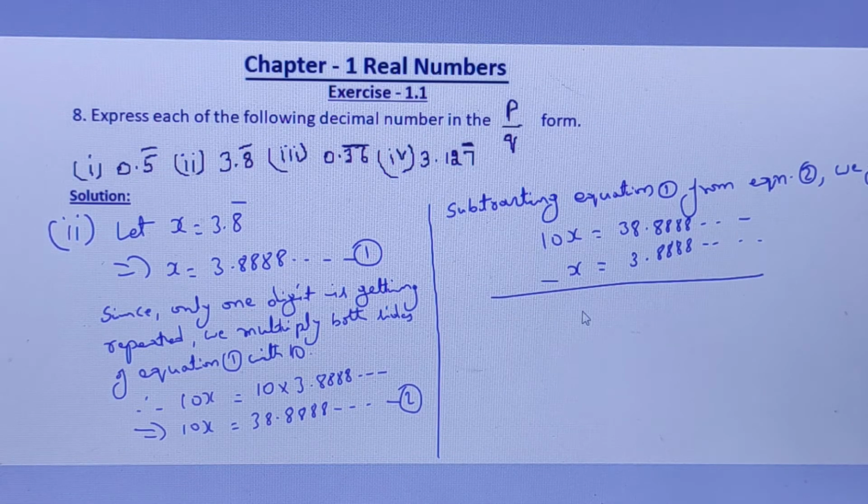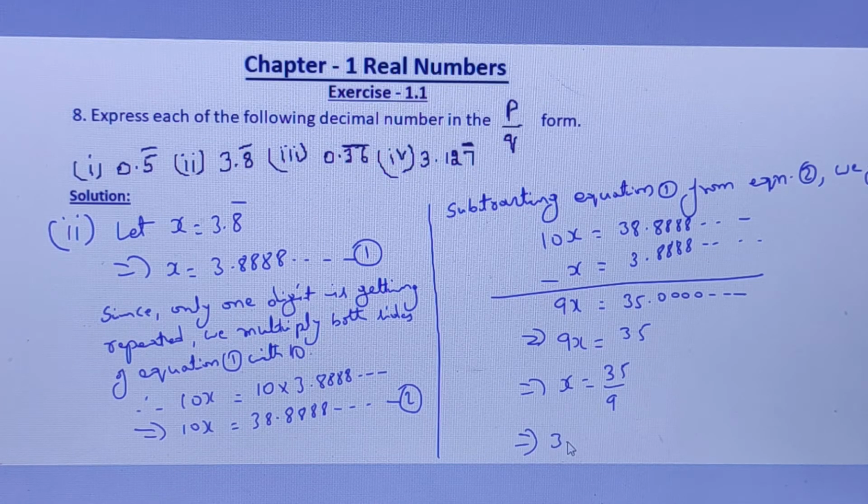So subtracting this, 10x minus x is 9x, 38 minus 3 is 35.0000 and so on. So this implies 9x is equal to 35, which implies x is equal to 35 by 9. What is x? We have assumed it as 3.8 bar. So 3.8 bar is equal to 35 by 9, which is of the form p by q.